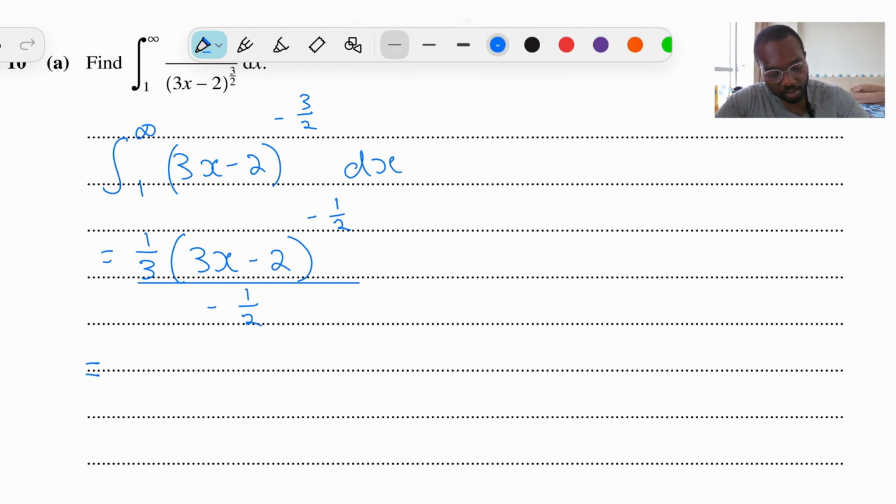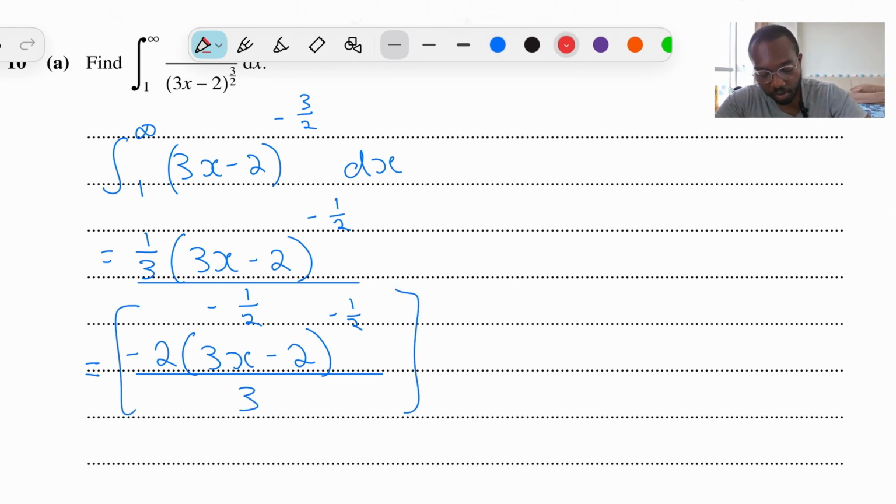And if we do that, what do we get? Well, the 1 over 3 divided by minus a half is actually minus 2 over 3. So we get minus 2, 3x minus 2 to the power of a half, and that would be over the 3. And we know that we're going to have limits now of infinity and 1.